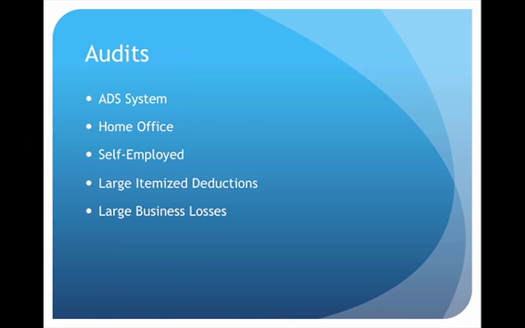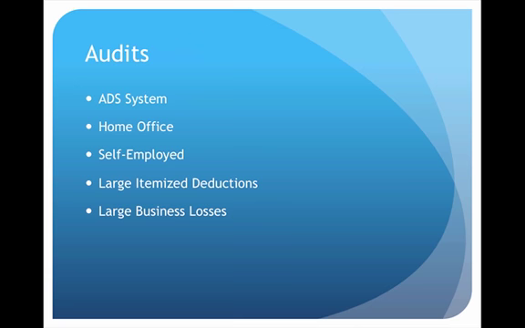I also want to talk very briefly about audits. And of course, everyone that prepares their individual tax return hopes that they're not audited, but it's always possible. And of course, it would be literally physically impossible for the IRS to audit every taxpayer because there are hundreds of millions of tax returns that are filed. And of course, the IRS only has a few thousand employees.